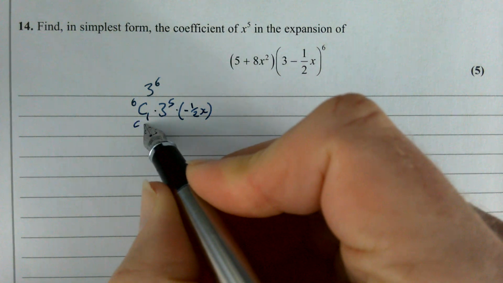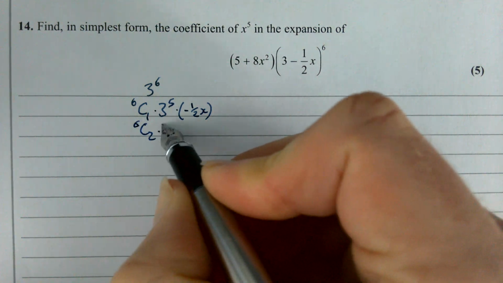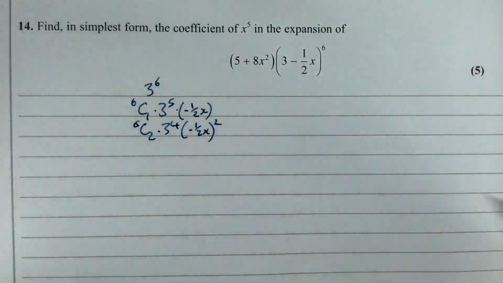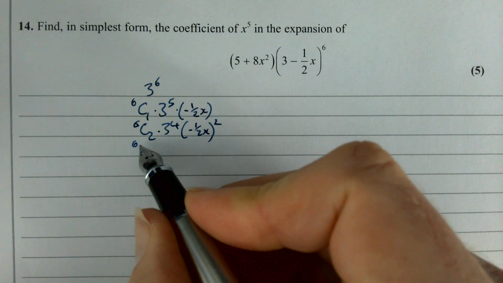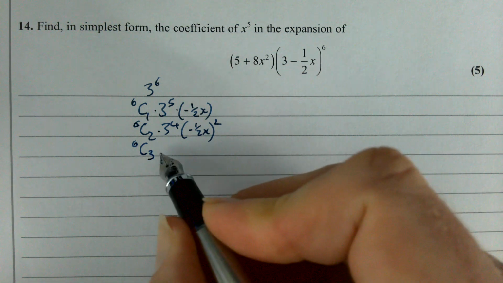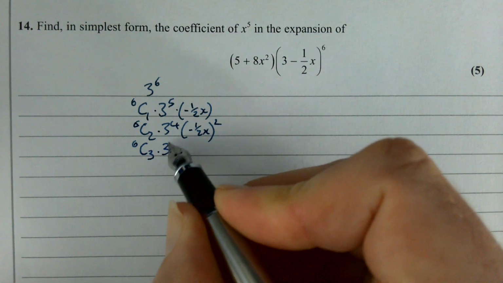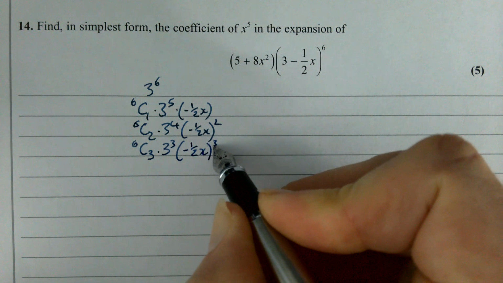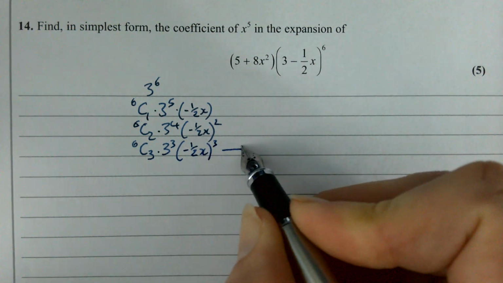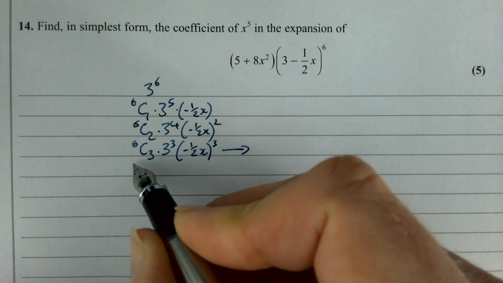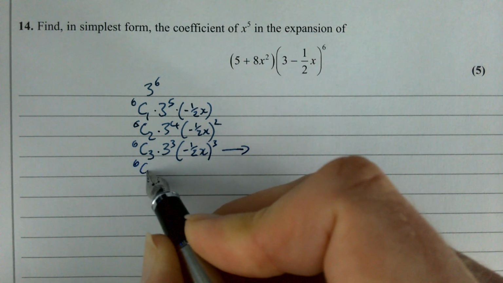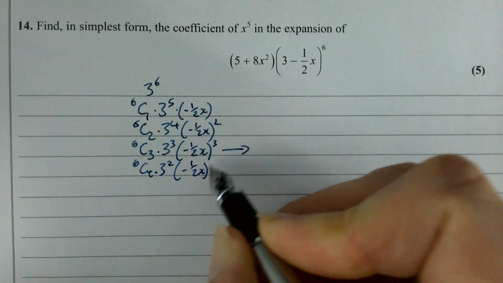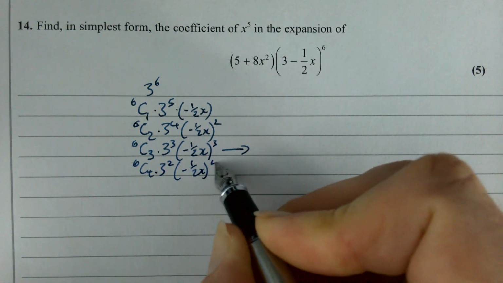Then it would be 6 choose 2, 3 to the 4, negative a half x all squared. We don't want that. 6 choose 3 times 3 cubed, negative a half x to the power 3. We do want that. We then don't want the 6 choose 4, 3 to the power 2, but I'm just going through this to make sure I get all my numbers adding up in the right place.